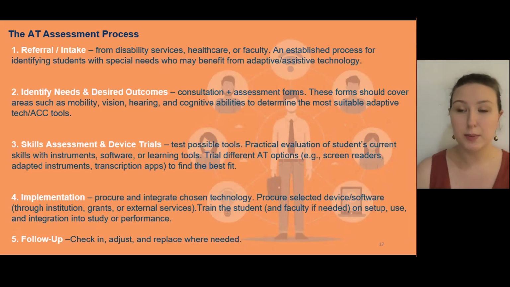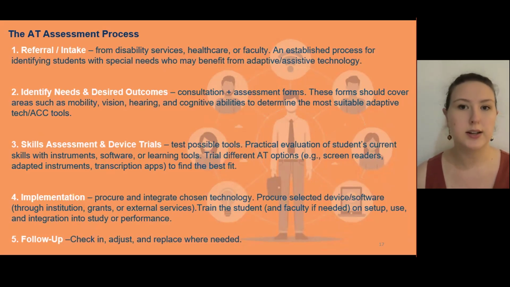What does the AT assessment process usually look like? First of all, a referral or intake, and this usually is given out from disability services, healthcare, or faculty. And it's an established process of identifying students who have these needs and who may benefit from the AT. 2, identify needs and desired outcomes.